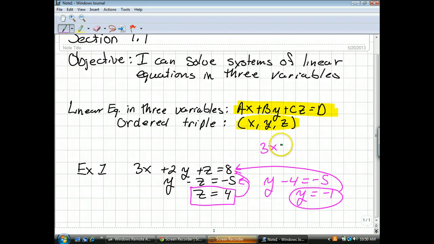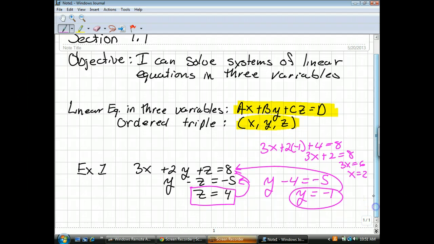We have 3x plus 2 times negative 1 plus 4 equals 8. So we get 3x, that's a negative 2 and a 4, plus 2 equals 8. Subtract 2 from both sides, 3x equals 6. Divide both sides by 3, we get x equals 2.